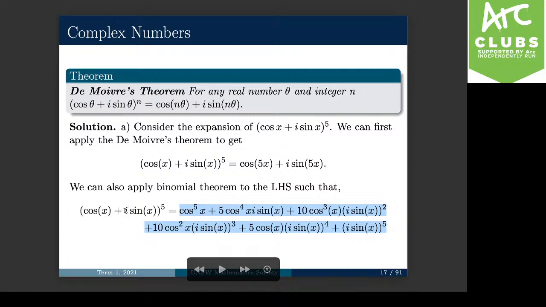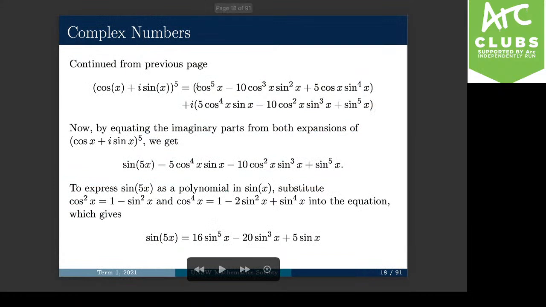Since there are complex numbers involved on both sides, and we're trying to express sine 5x in terms of sine x, we equate the imaginary parts from both sides. So if we expand this whole thing and simplify, I'm expressing everything in terms of real parts and imaginary parts, so I can equate the imaginary parts and find sine 5x in terms of something that corresponds to sine x.